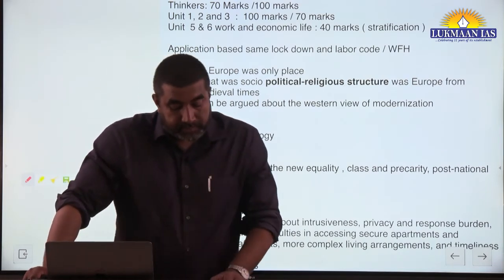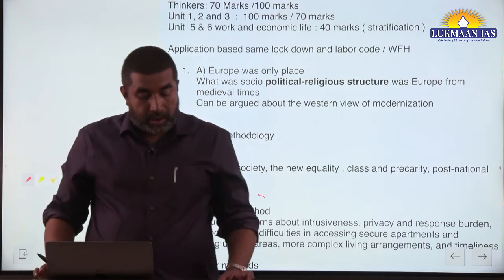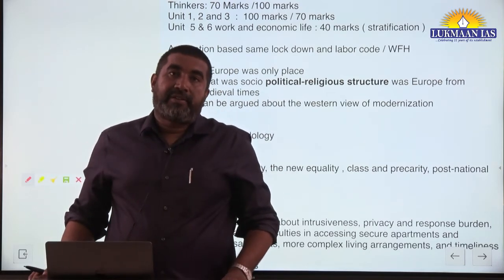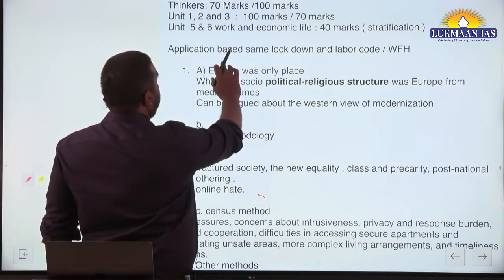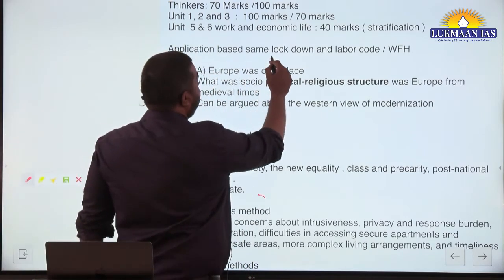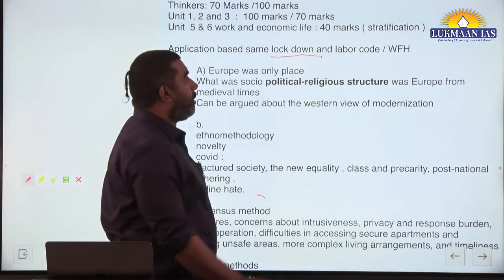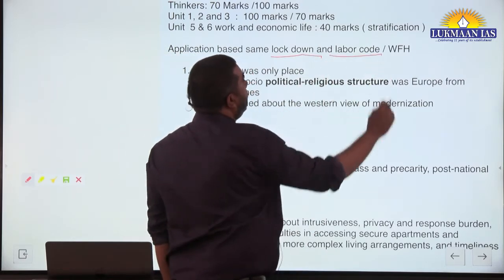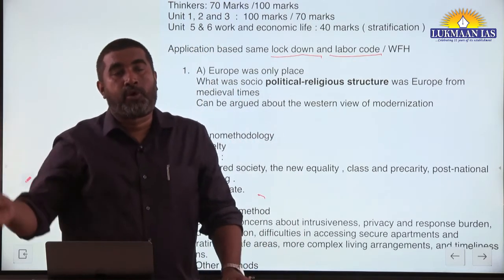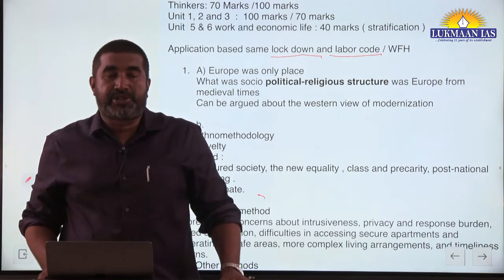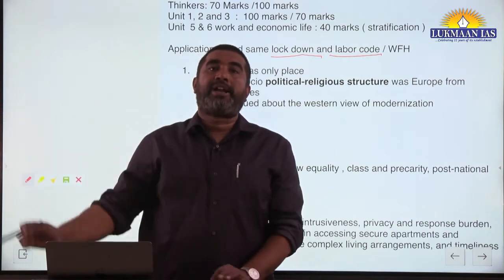Now, the role of current developments. Every year, last year also, lockdown, this year also there was a question from lockdown. Before that, labor codes. This year, how work from home is changing the distinction between formal and informal sector.